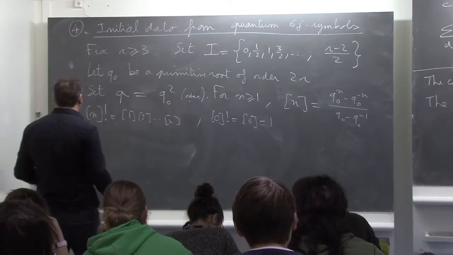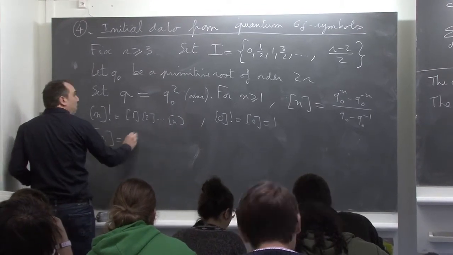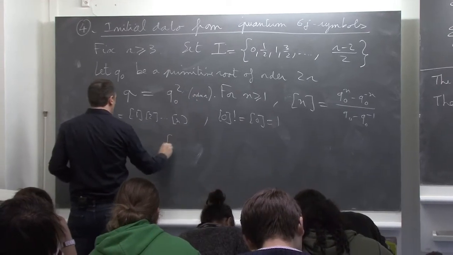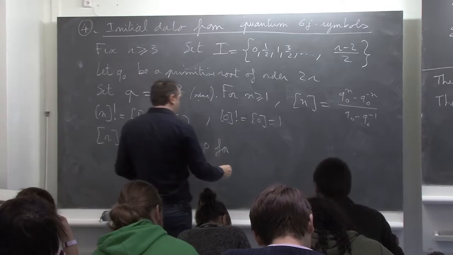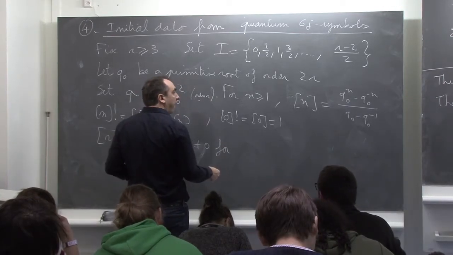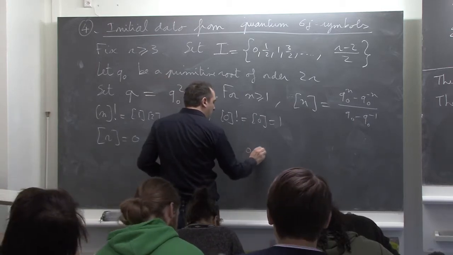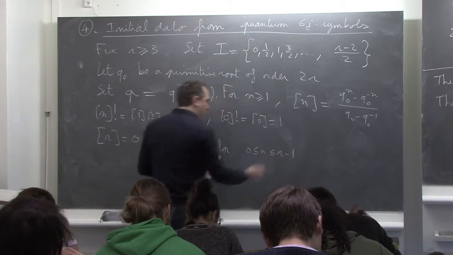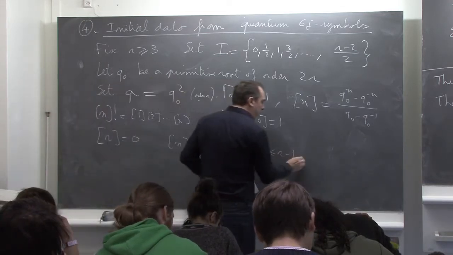And so, we denote this. It is non-zero for n between 0 and r minus 1.